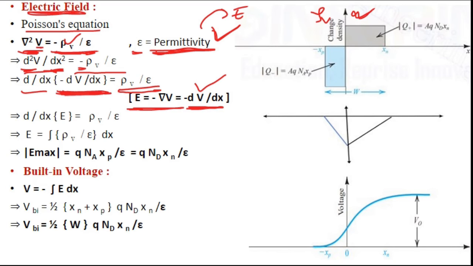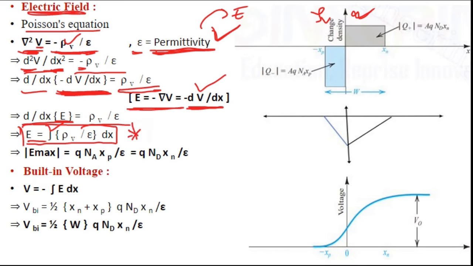So the equation will be d by dx of E equal to rho V by epsilon. Taking the differentiation to the right hand side, we find the integration, that is E is equal to the integration of rho V by epsilon dx.